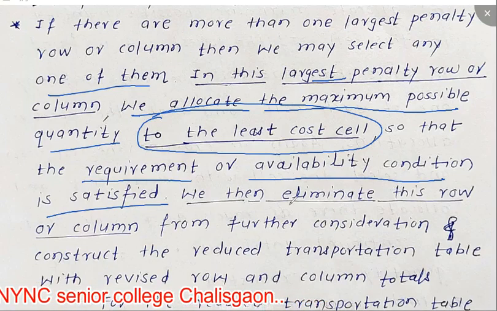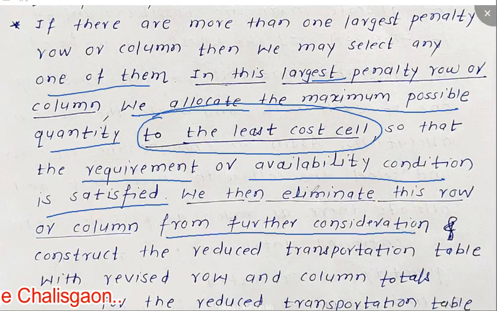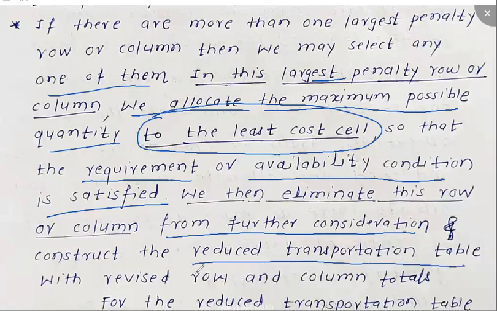We then eliminate this row or column from further consideration. If supply is exhausted, we delete that row, or when the requirement is satisfied, we delete that column, and construct the reduced transportation table. That means we consider the transportation problem without this row or column.